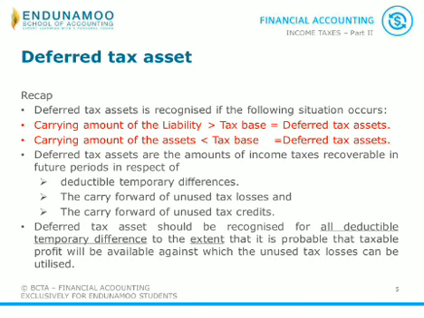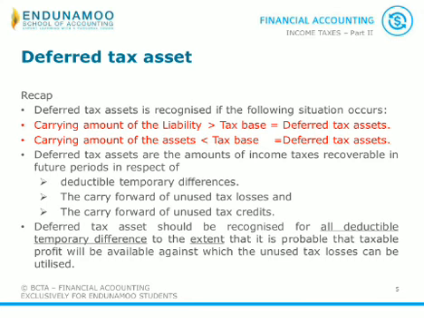And remember, deferred tax assets are the amounts of income taxes recoverable in future periods in respect of deductible temporary differences, the carry forward of unused tax losses, as well as the carry forward of unused tax credits.